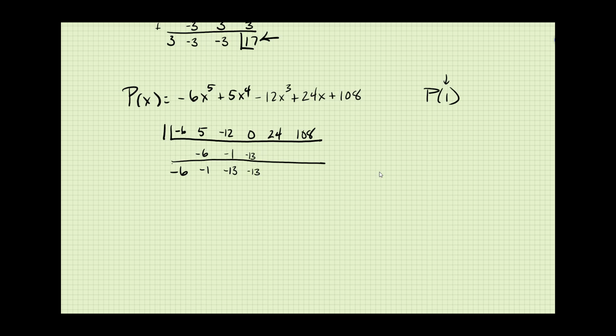And then 1 times -13 is, well, -13. A lot of -13s here. And then I add, and I get 11. Okay? And then 1 times 11 is 11, and I add, and I get 119 as a remainder. Okay? So that means P of 1 is equal to that remainder of 119.